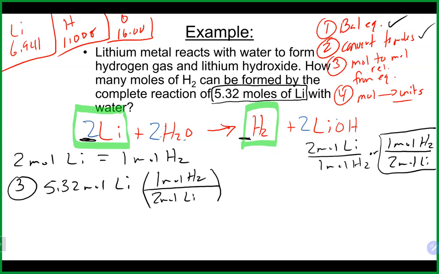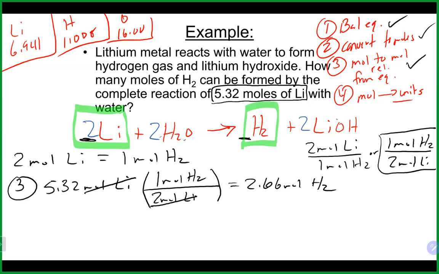That is the big stoichiometry move. It gets rid of moles of lithium, and now I'm at moles of hydrogen, which means I take 5.32 and divide it by 2. That gives me 2.66 moles of H2. That is step number 3.